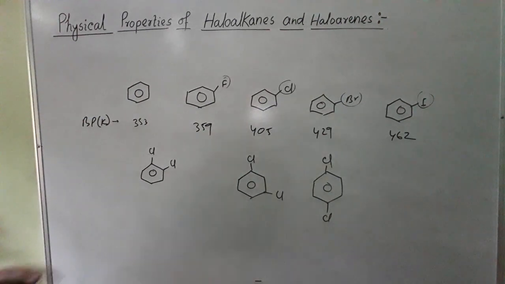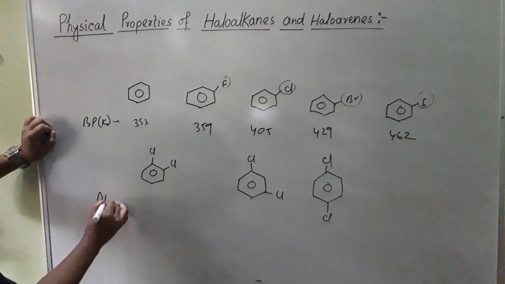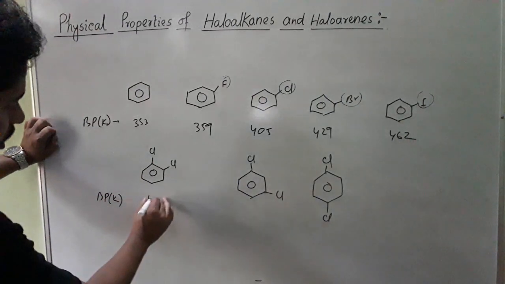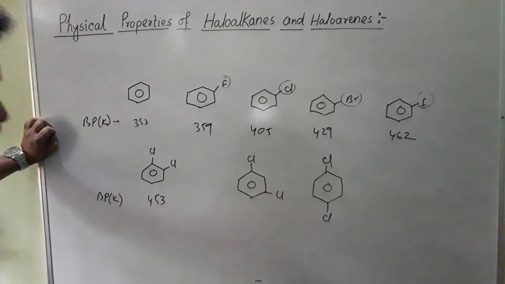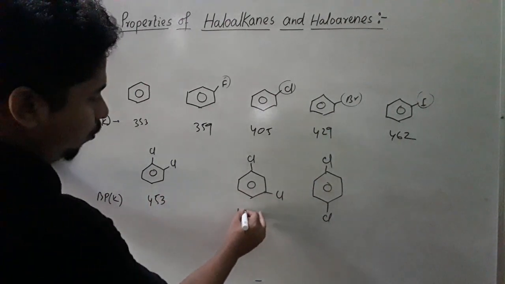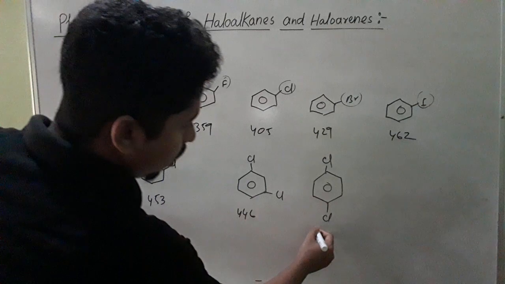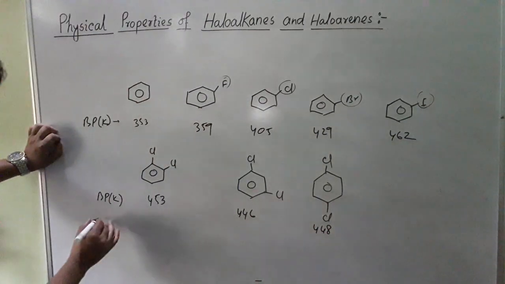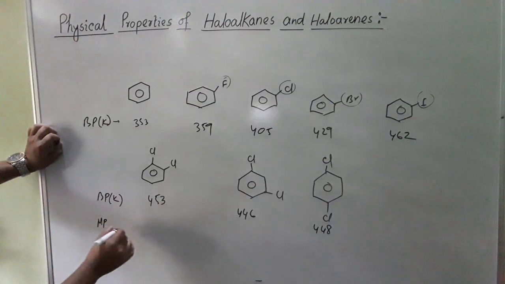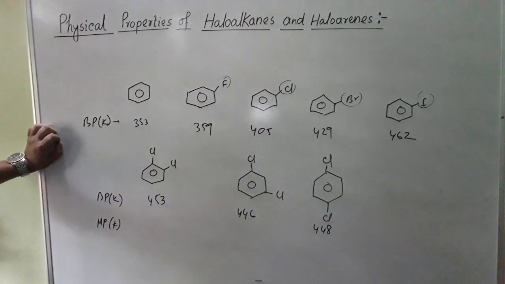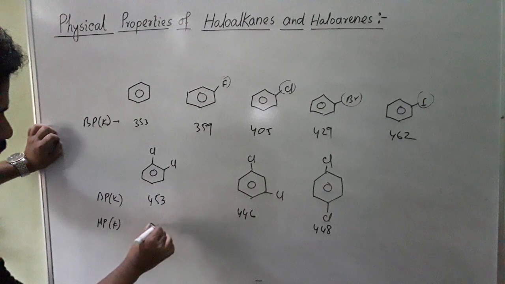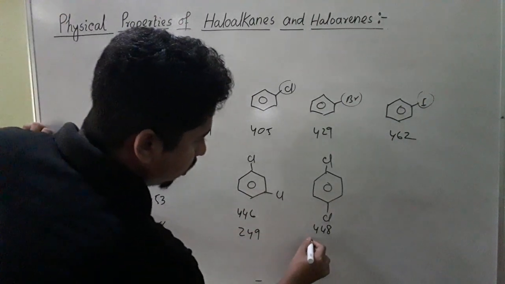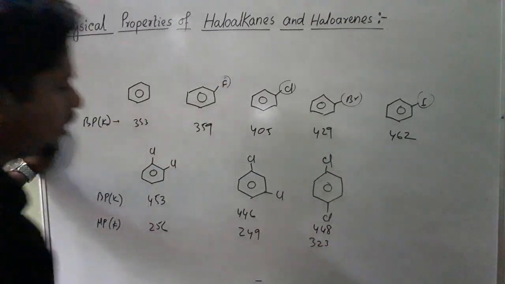If we consider their boiling points, this one has 453, here we have 446, and here we have 448 Kelvin. And the melting points for these molecules are 256 Kelvin, 249 Kelvin, and 323 Kelvin.